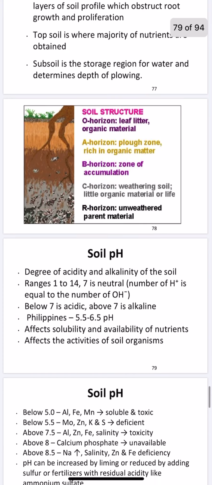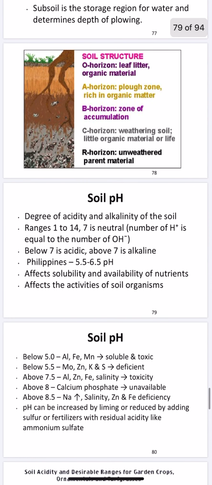So as you can see on the figure here, the soil structure has horizons, the O horizon with the leaf litter organic material, the A horizon, which corresponds to the levels on the figure. It's the plow zone, and it's also rich in organic matter.